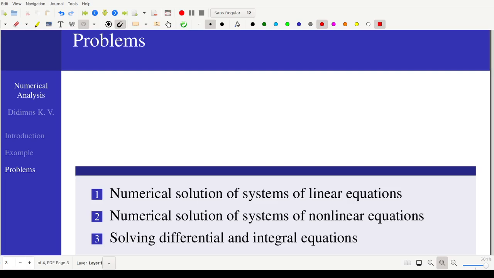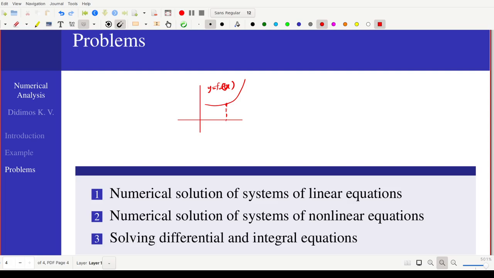The first is the numerical solution of equations.